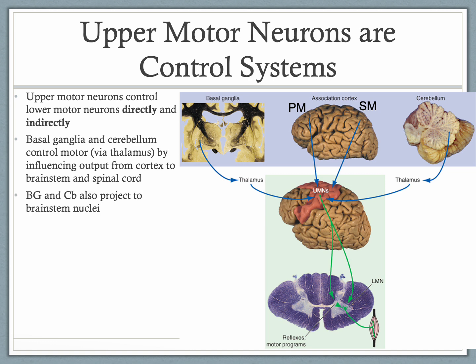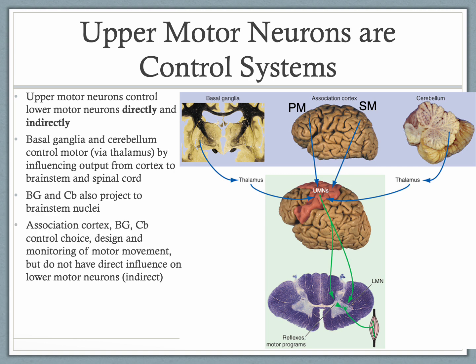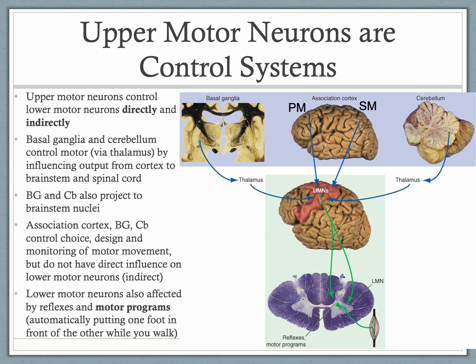The basal ganglia and cerebellum also project to brainstem nuclei. The association cortex, basal ganglia, and cerebellum control choice, design, and monitoring of motor movement, but do not have a direct influence on lower motor neurons; theirs is indirect.